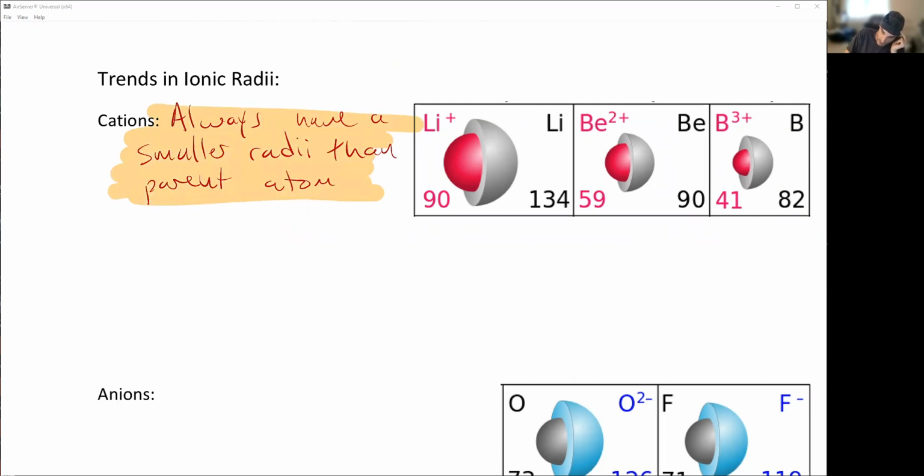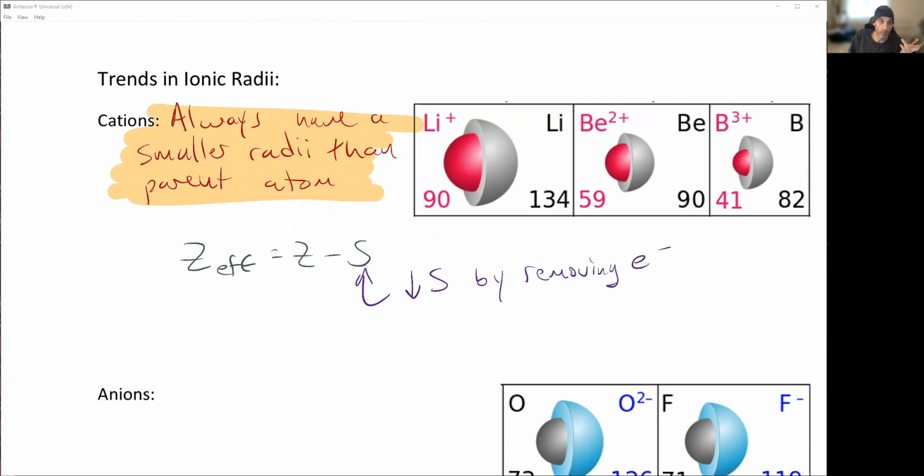For radius we should always be thinking about Z effective, Z minus S. By removing electrons, we decrease the shielding constant. A smaller shielding value means an increase in Z effective, because if it's the same element, Z shouldn't change. So by reducing S, Z effective increases, a larger pull from the nucleus. It's going to shrink it down.